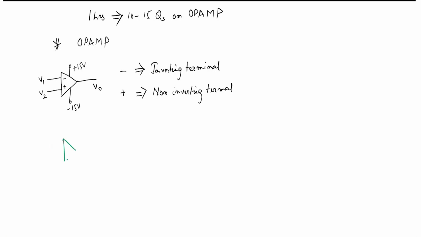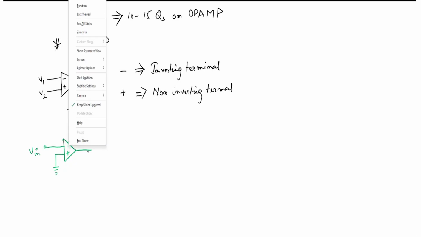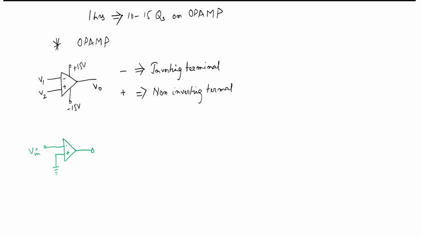Suppose I ground the non-inverting terminal and give an input at the inverting terminal. If you supply a signal here, the output will be amplified and inverted. That is why we call it the inverting terminal.